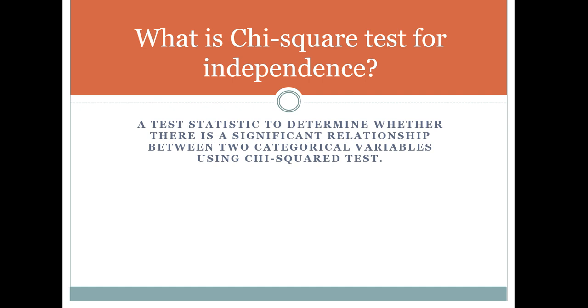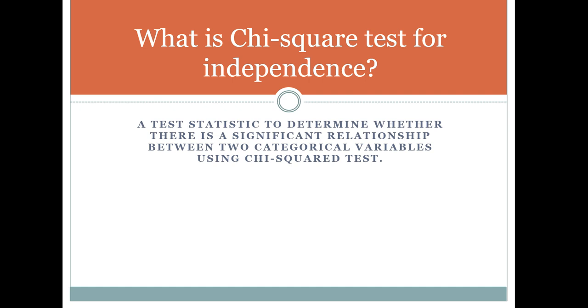The next question then is, what is chi-square test for independence? How is this related to chi-squared test? Well, the chi-square test for independence is a test statistic to determine whether there is a significant relationship between two categorical variables using the chi-square test.